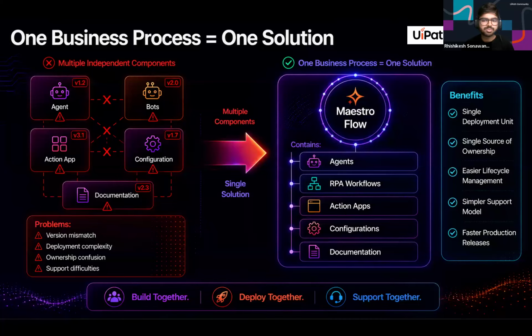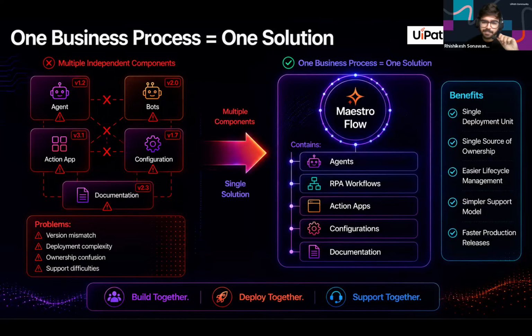Secondly, lifecycle management becomes so easy. When we have a business change, like a rule change, we just update it, and once updated, we move it through dev, UAT, and prod as a single package. No need to check whether the robot is working well, the agent is working well, and then Maestro. It's just one publish and we are good.